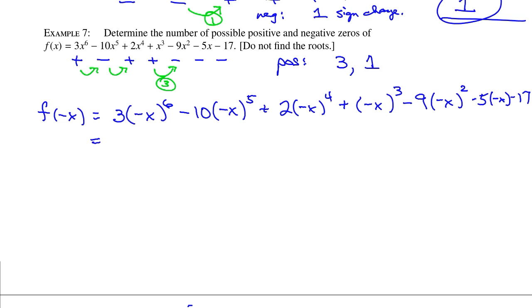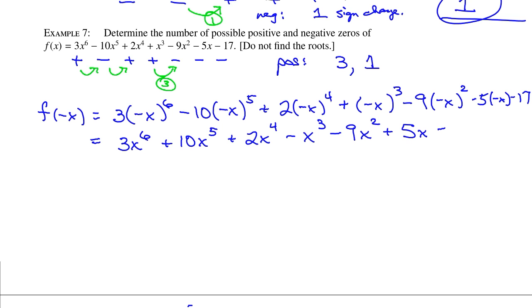And this is going to be equal to 3x to the 6th plus 10x to the 5th plus 2x to the 4th minus x cubed minus 9x squared plus 5x minus 17.